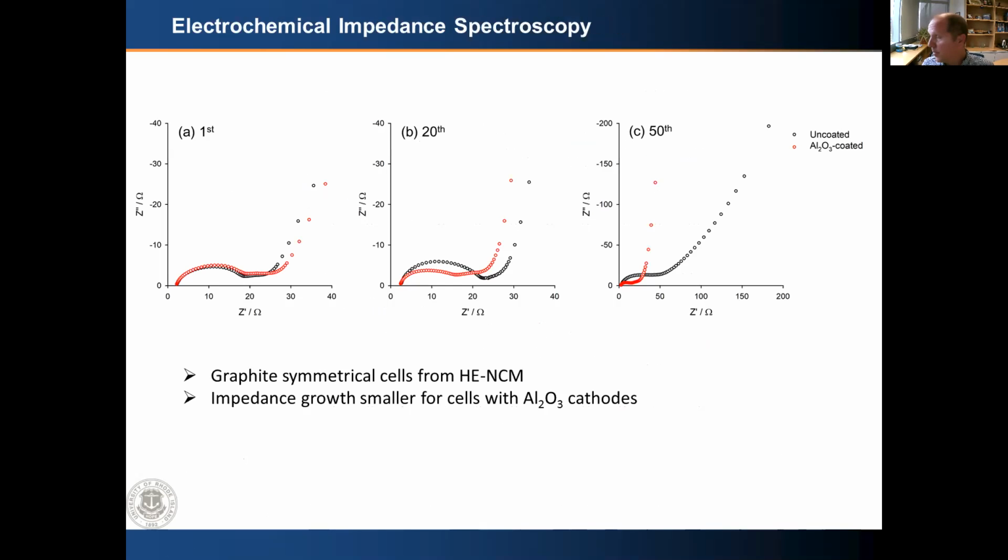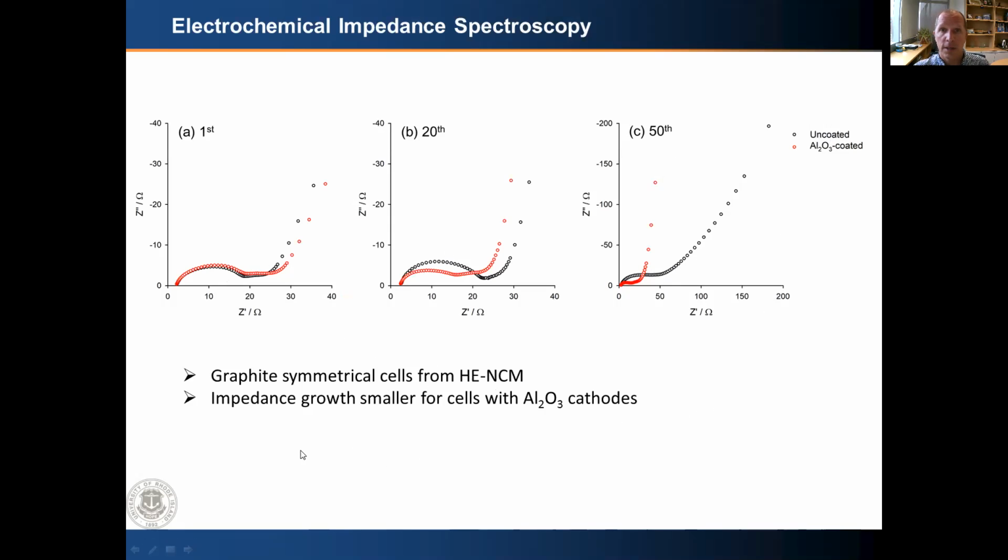So if we look at the electrochemical impedance spectroscopy for the graphite symmetrical cells, which are extracted from the high energy NCM materials, what we can see is after the first cycle, there's relatively low impedance growth, while after the 20th cycle, we see more impedance growth, and then after the 50th cycle, the uncoated cell has much, much larger impedance than we observe with the alumina coated cathode.